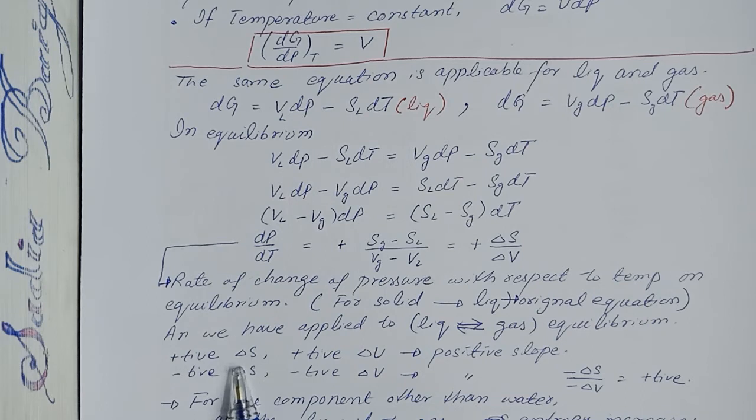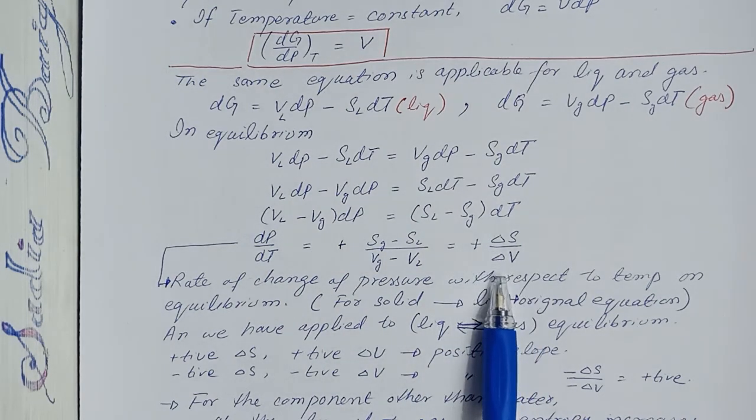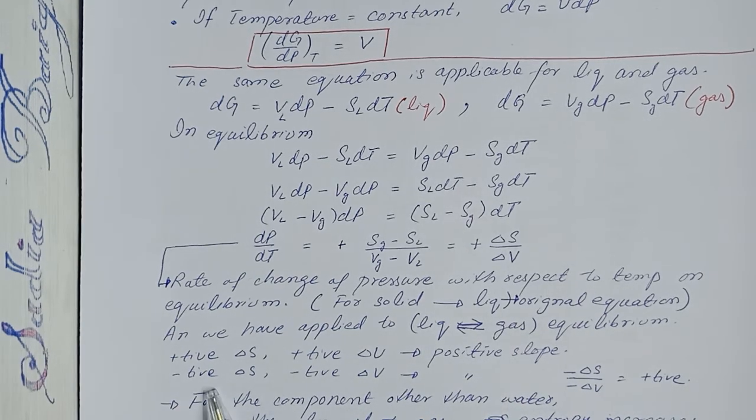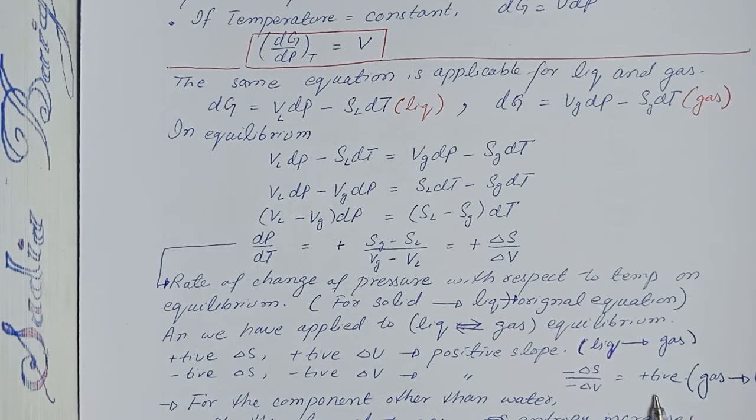It means the entropy of the gas is higher than the entropy of the liquid phase. So the change in entropy with respect to change in volume is a positive slope, whereas when we are changing the state of the substance from gas to liquid, the entropy is decreasing and the volume is decreasing, but for the same case the slope is positive. As the conversion from liquid to gas and gas to liquid are in equilibrium, for both cases the slope is positive.